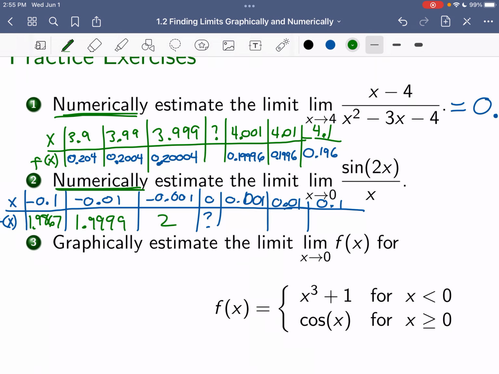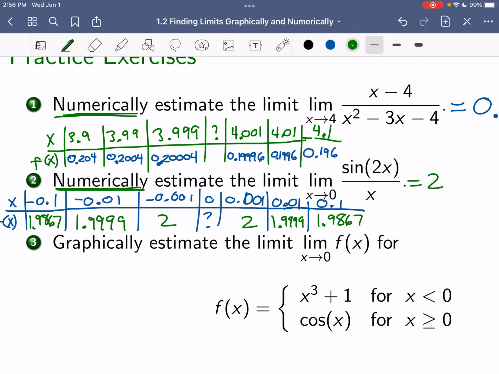We have 2 there. On the other side, we'll get 1.9867 and 1.9999 and 2.